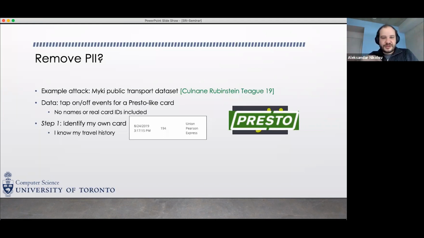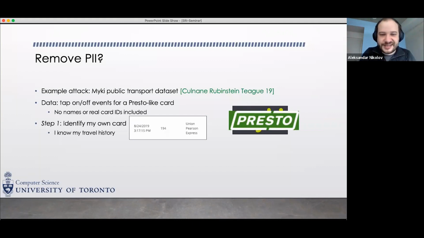So these cards, just like Presto cards, are registered. You can register the card on a website, and that website tells you exactly when and where you use the card. So you can look up your own travel history. This is something I created in the before times.